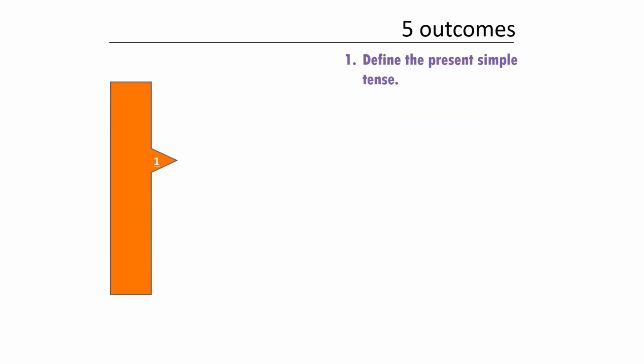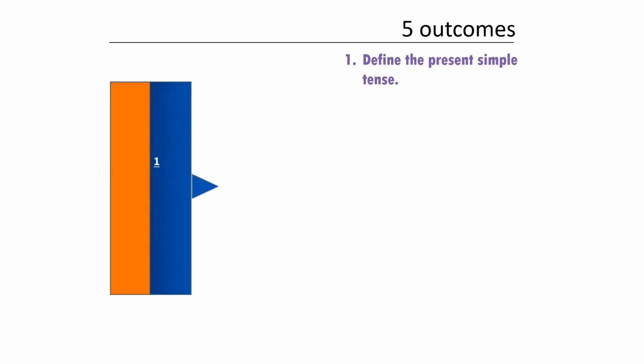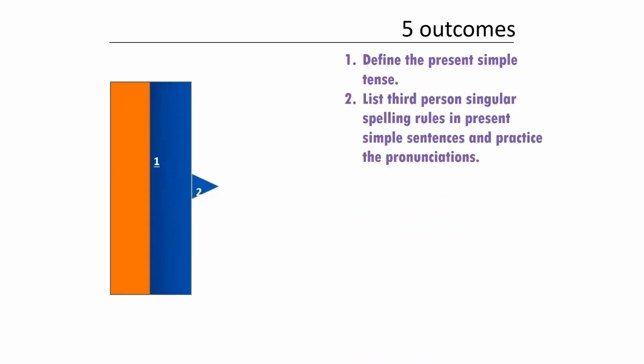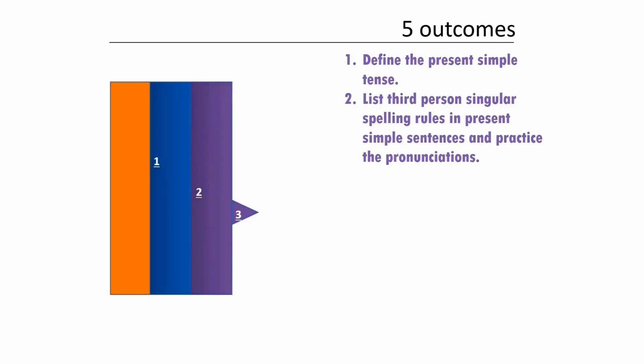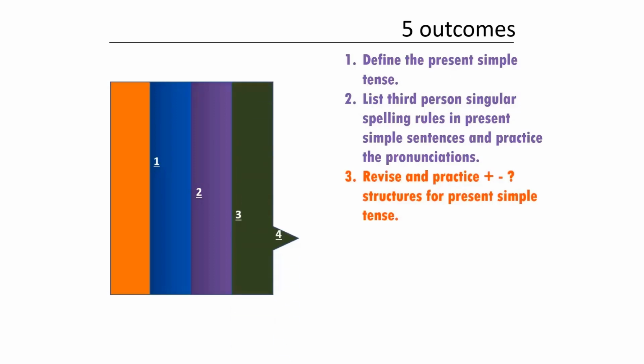First, let's revisit the 5 outcomes. Number 1, define the present simple tense. 2, list third-person singular spelling rules in present simple sentences and practice the pronunciation. 3, revise and practice positive, negative, question structures for present simple tense. 4, identify the uses of the present simple tense.